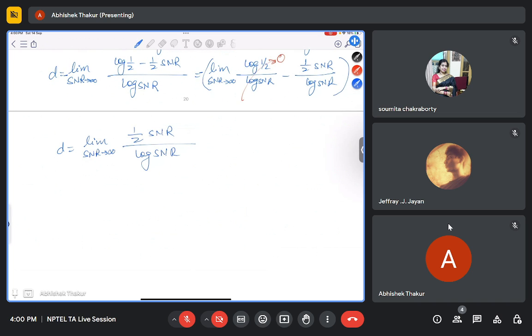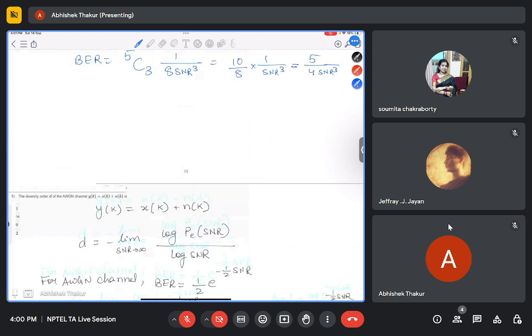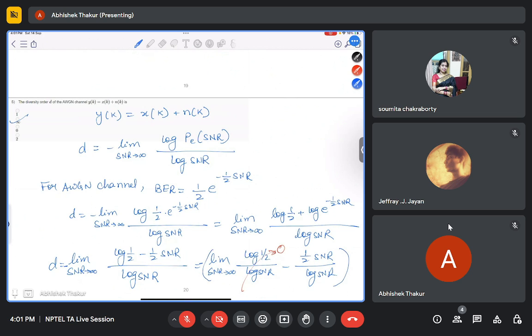Now this is infinity by infinity, so this can be solved using L'Hospital rule. So D is equal to the derivative of numerator divided by derivative of denominator. So it will be half divided by 1 by SNR. So this is equal to infinity. So the correct answer for this question is option number B.